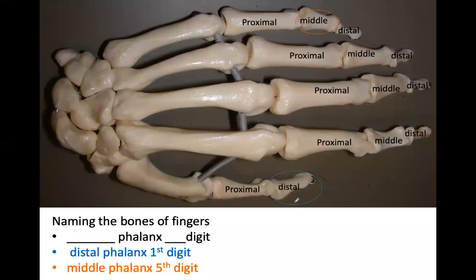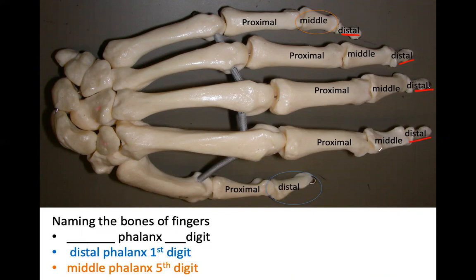However, when we ask to name the individual bones within your fingers, the name gets a little bit more complicated, so make sure you remember the order. The bones that form the tips of your fingers are the farthest away from your points of attachment, so they're called distal.